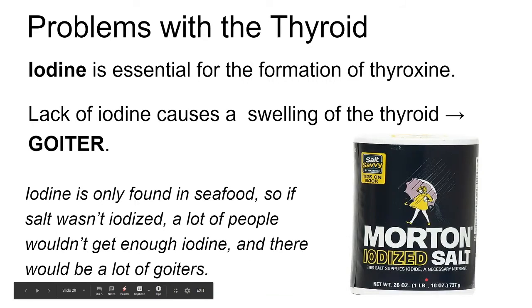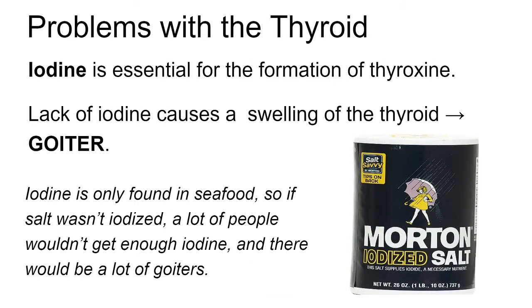So, problems with the thyroid. Iodine is essential for the formation of that thyroxine, that T4. A lack of iodine causes a swelling of the thyroid known as goiter. A lot of people get their iodine from iodinized salt.